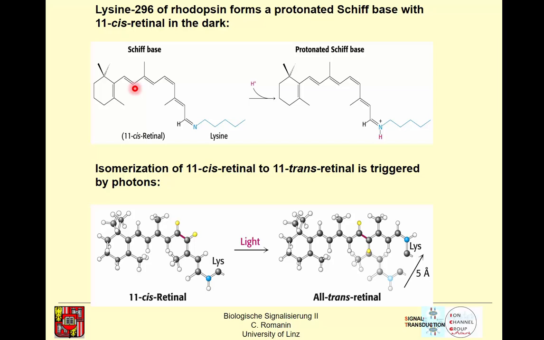Conjugated double bond means that we have a double bond, then the classical single bond, and then again a double bond. Whenever you have conjugated double bonds with a single bond in between, you can finally end up with a delocalized electron system which shifts the sensitivity from the UV light to the visible light frequencies.